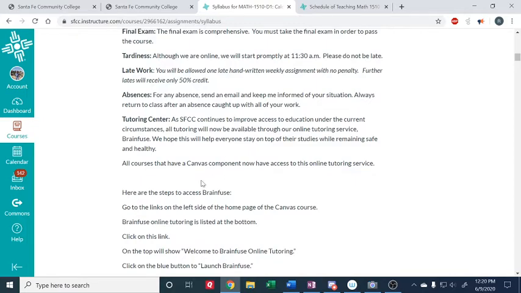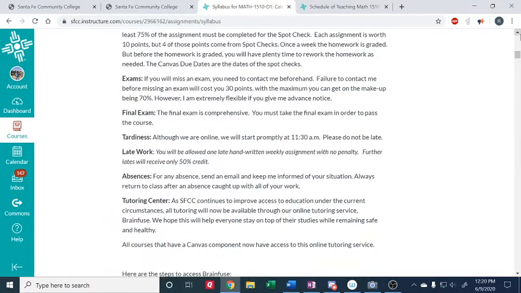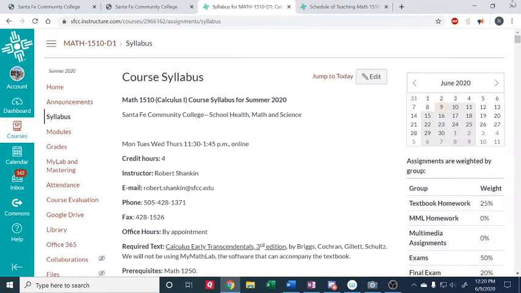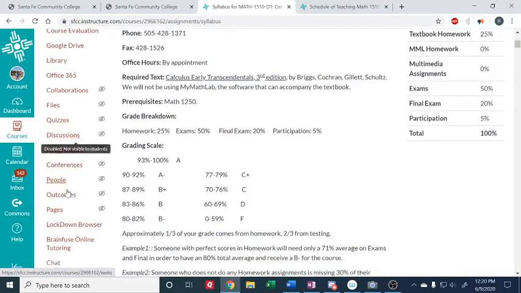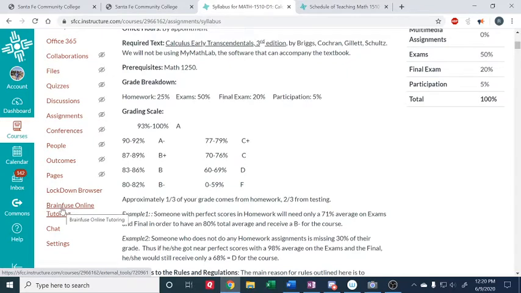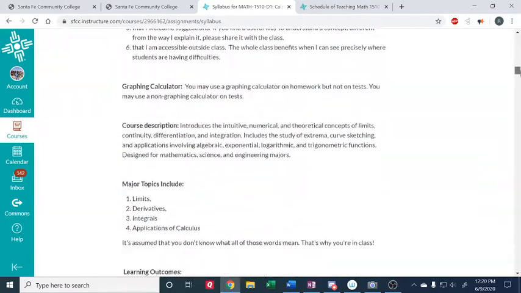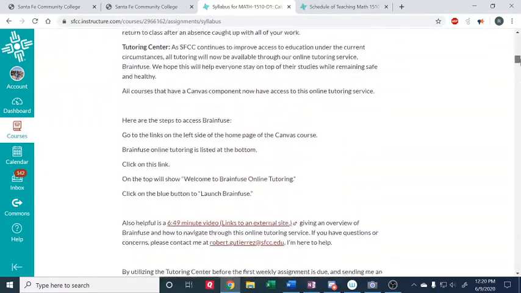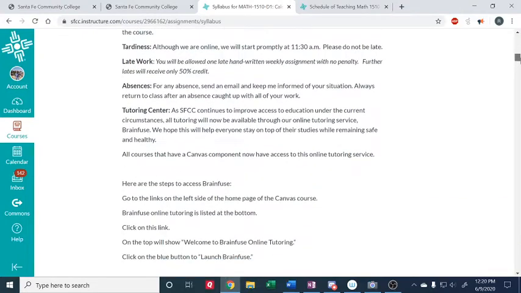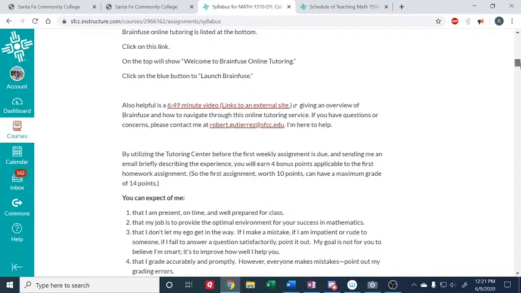Tutoring Center, it's on BrainFuse in Canvas. On the navigation screen on the left, you see towards the bottom is BrainFuse Online Tutoring. And I give a bonus for utilizing the tutoring center before the first assignment is due, which is Thursday.